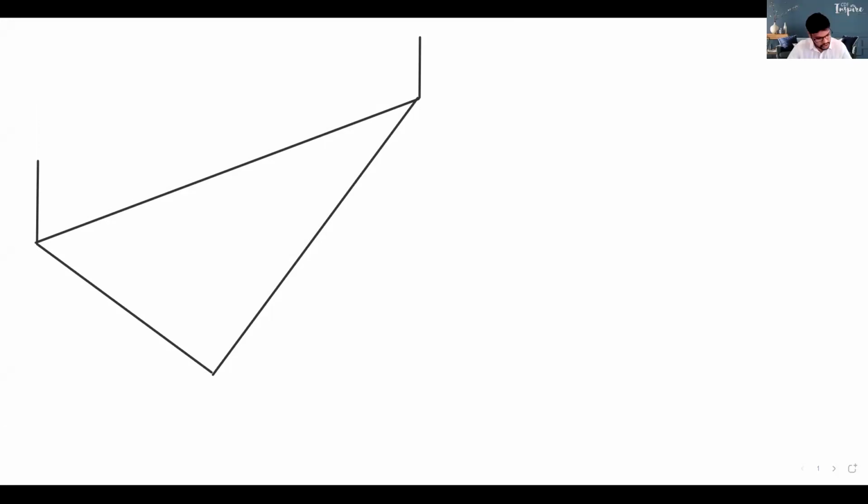So children, just give me a second to draw this diagram. So children, the arrows show north. I'm not going to mark an N here because it will just take too much space. This distance is 10 kilometers.